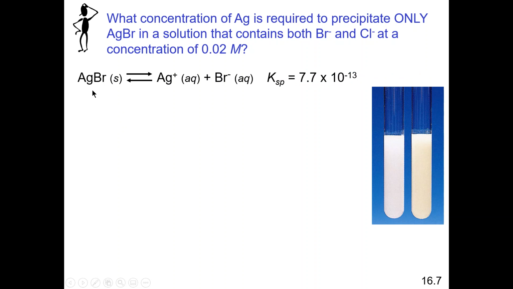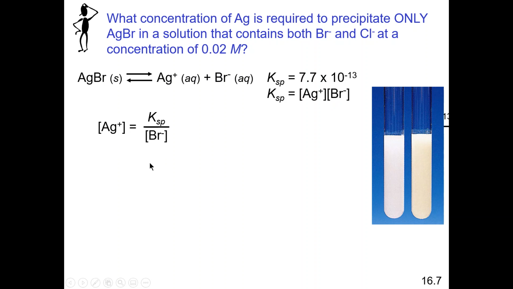You have the equilibrium between silver bromide and its ions, the KSP of which is 7.7 times 10 to the minus 13. And of course, the KSP expression is given right here. KSP is equal to the concentration of silver ions times the concentration of bromide. And then we can rearrange this to solve for Ag plus, the silver ions, because that's what the question is asking for.